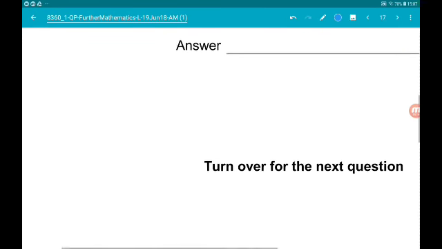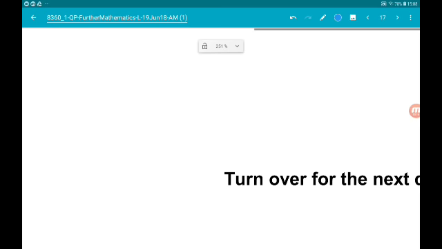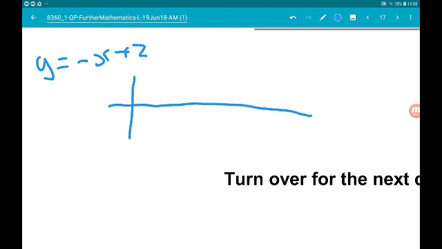To do that, let's use a little coordinate table to get some points. So let's use 0, 1 and 2.